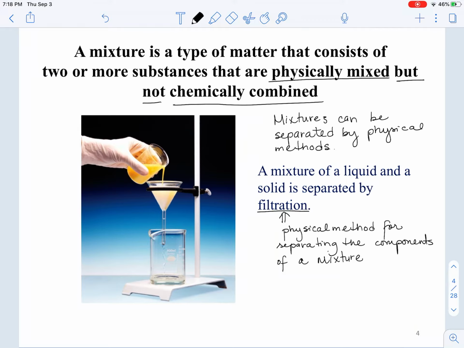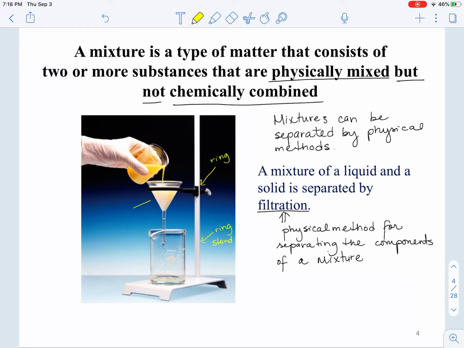In the process of separation, understand that there are different laboratory equipment that is utilized. In general, a filtration system is going to have, and I'm going to label them on the slide, a ring stand, and this is the ring.